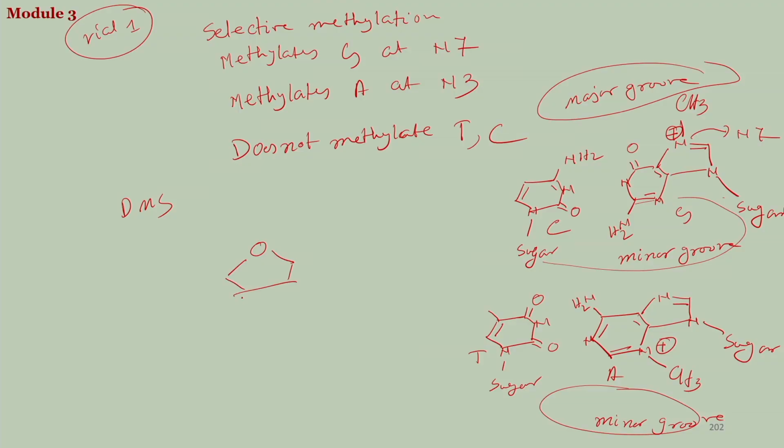If you write down, this is the 3 prime, I have to go to the next page I think, and here your G with the methylated version will be, not star, I will write Me, and we will see that when you treat it with dimethyl sulfate and then followed by treatment with piperidine, only the G would be cleaved off the sugar.